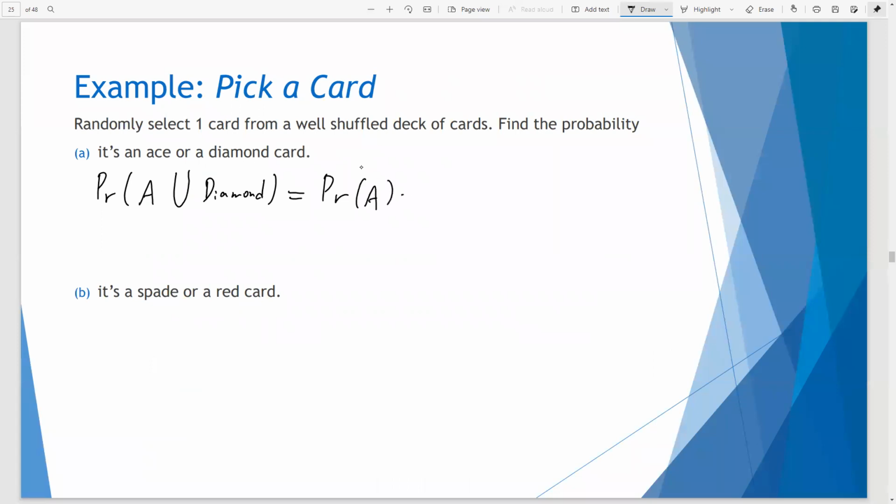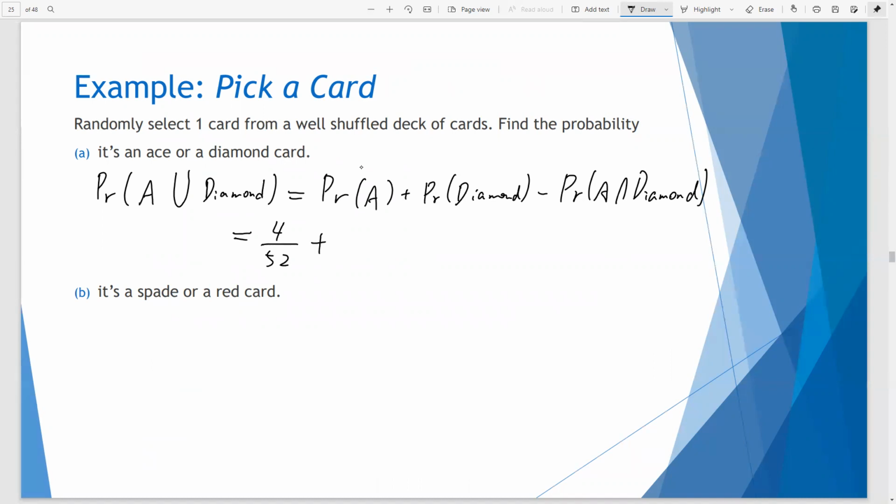To get the probability of an ace plus the probability of a diamond card, minus the probability you get an ace of diamonds, which is a diamond ace, right? That's 4 aces in the well-shuffled deck of cards.